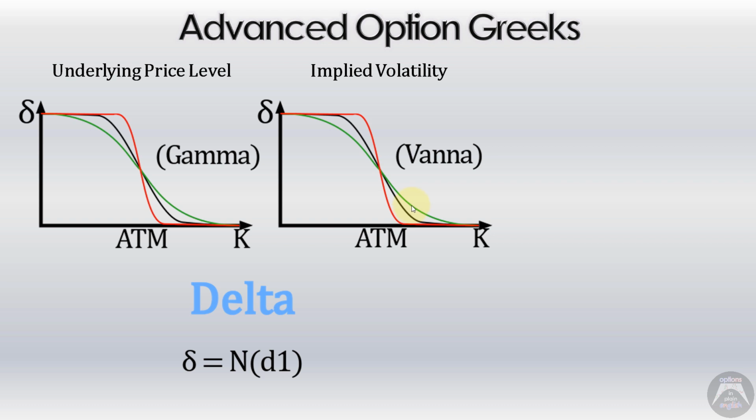Because the probability is higher for this one, the delta that's calculated for it is going to be higher. And because of this, the overall curve is going to be more spread out.